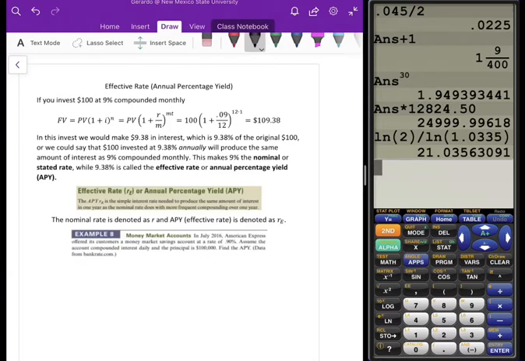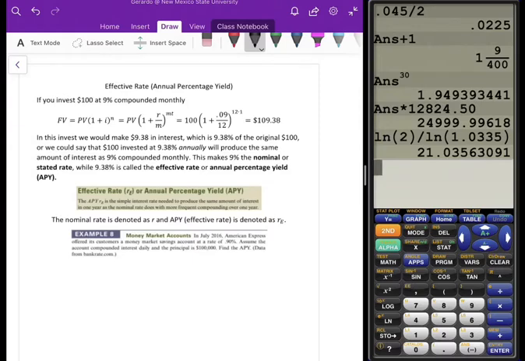So you have effective annual percent rate. So it says if you invest $100 at 9% compounded monthly, and we use the formula, we get to 109 with 38 cents.